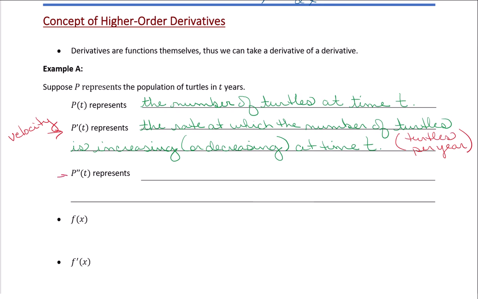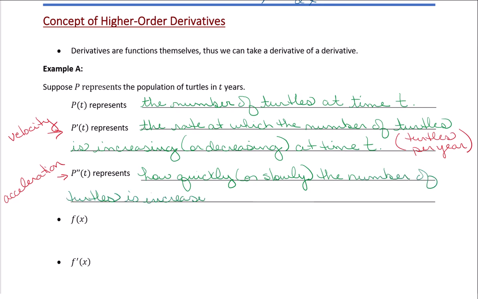We can think of this as acceleration. So the second derivative of P of T represents how quickly or slowly the number of turtles is increasing or decreasing at time T. The units would be turtles per year, or turtles per year squared.